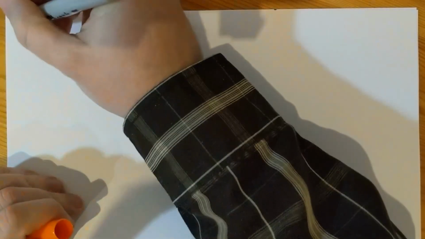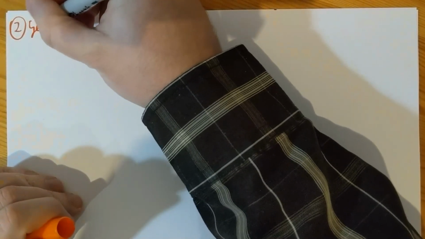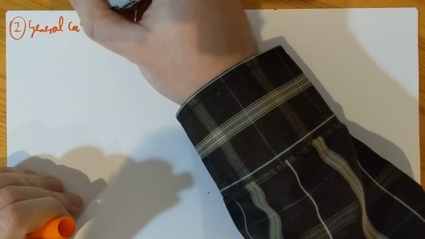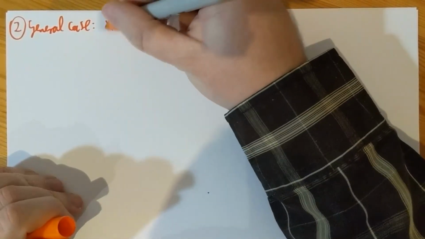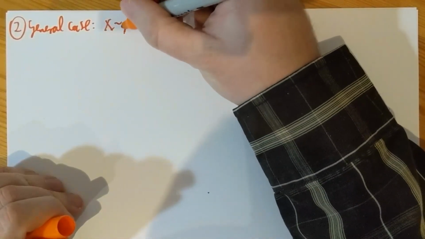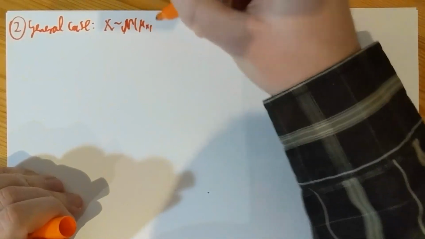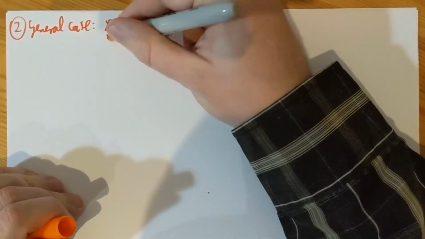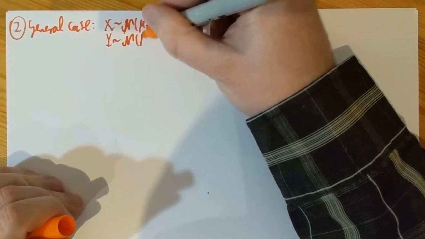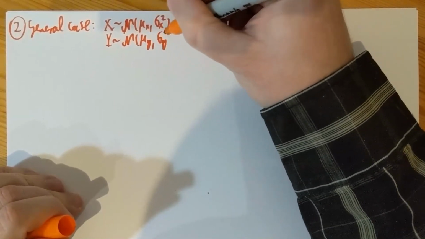So general case, I have the general means and variances. Okay? Right. And they are independent, of course.